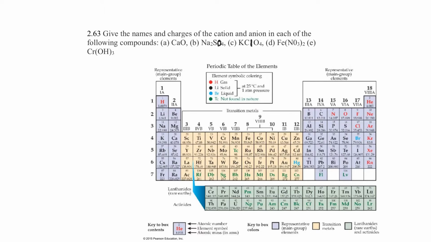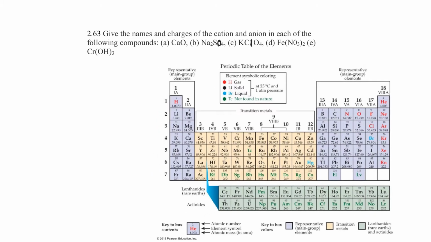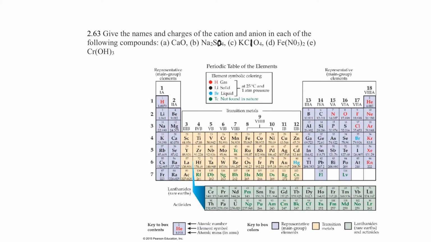Okay, so I see calcium and oxygen. When you have just a single nonmetal that's joined, we're going to change oxygen to oxide. It is in group 6, which means it's 2 away from 8. So if it wants to be like the noble gases, it needs to steal 2 electrons.